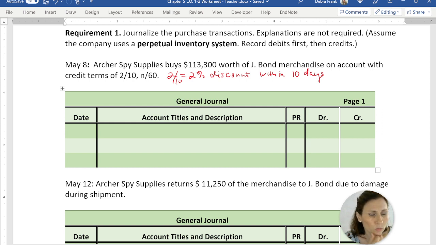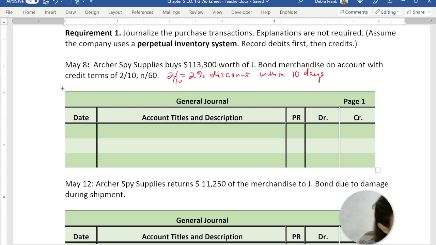We'll pay attention to our dates when we're making the payment for our purchases. The n/60 means, well, if you missed the 10 days, then the full amount is due in 60 days. If you miss those 10 days, you don't get that 2% discount, and the full $113,300 is due in 60 days. That's what the n/60 means.